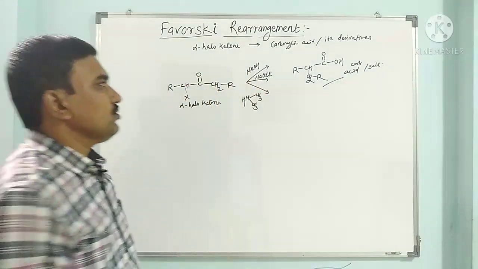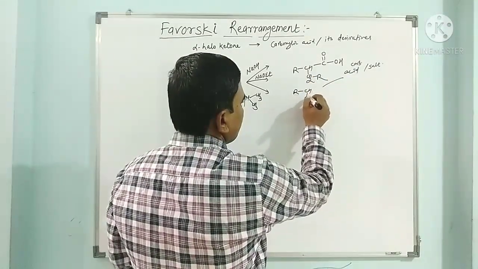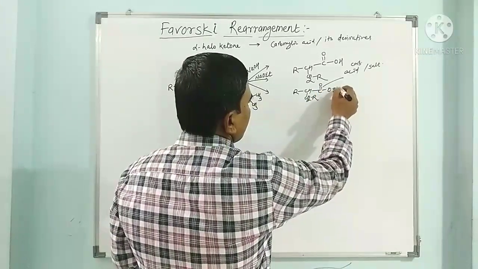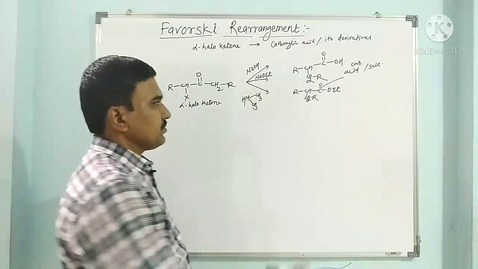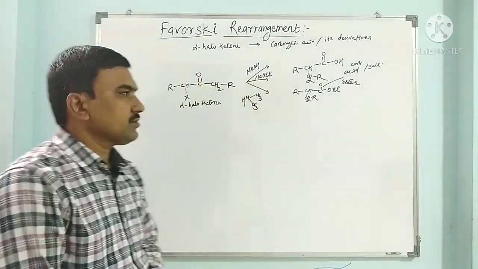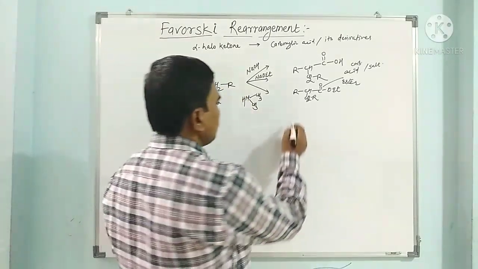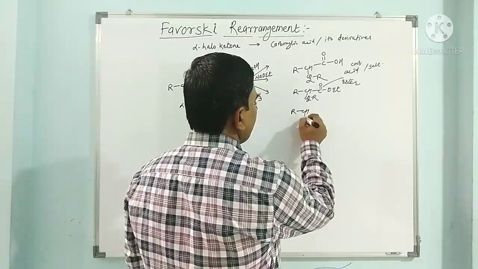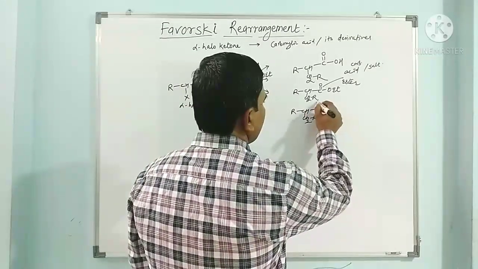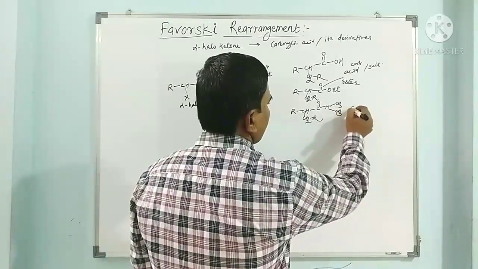When it reacts with NaOEt, sodium ethoxide, we get here ester, R, CH, CH2R, CO, OEt. So ester is obtained. If it reacts with amine, then we get R, CH, CH2R, here this is CO, NCH3, CH3.